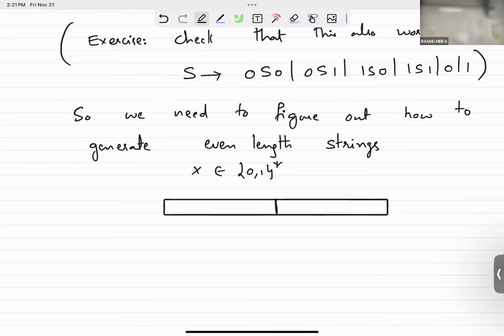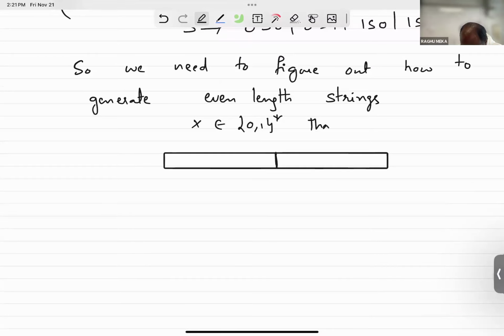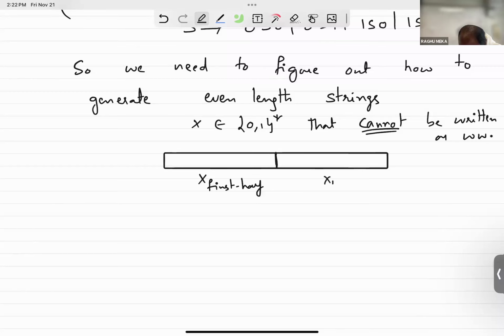Because that's exactly what double complement is. Even length strings that cannot be written as WW. So we need to make sure that X first half and X second half are not equal.